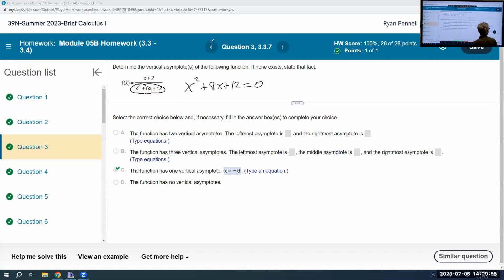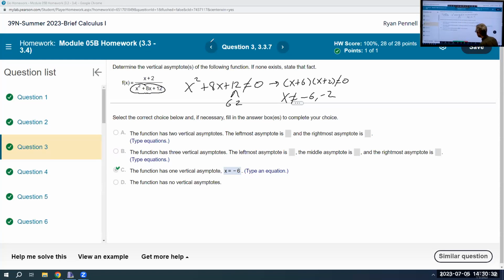Is it possible for me to factor this? 3 and 4 don't add to 8. 2 and 6 do. 6 and 2 multiply to 12. So x plus 6, x plus 2 equals 0. So x cannot equal -6, -2.